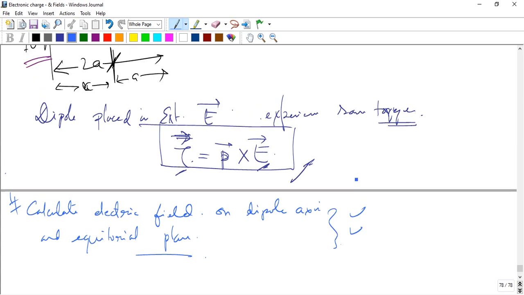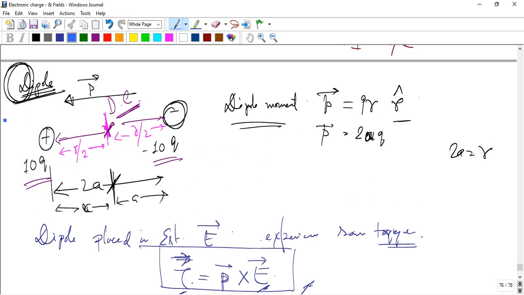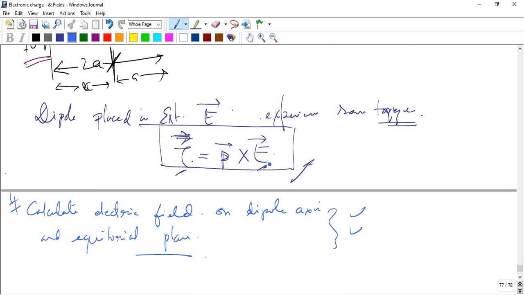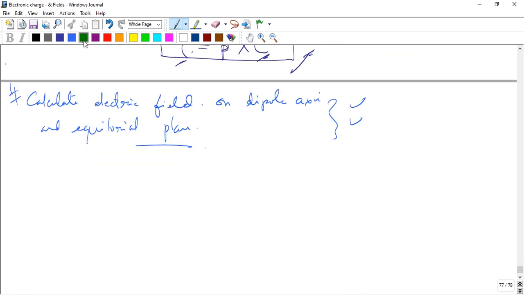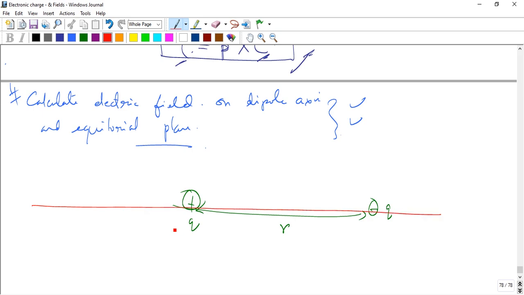So what is the value of the electric field on the dipole axis? Dipole axis means here is a plus charge, there is a minus charge, and the separation is r. That line represents the dipole axis.